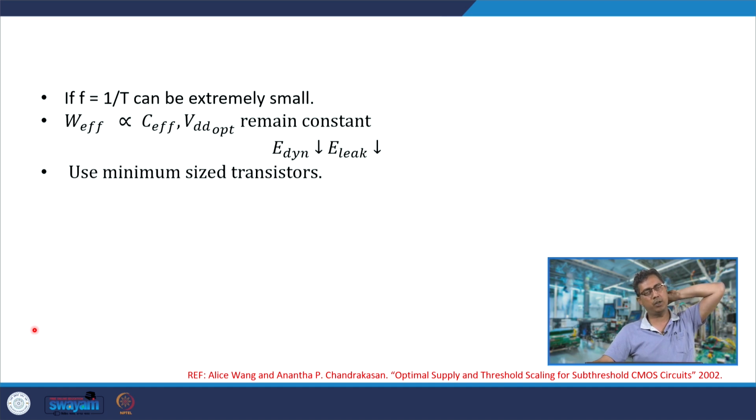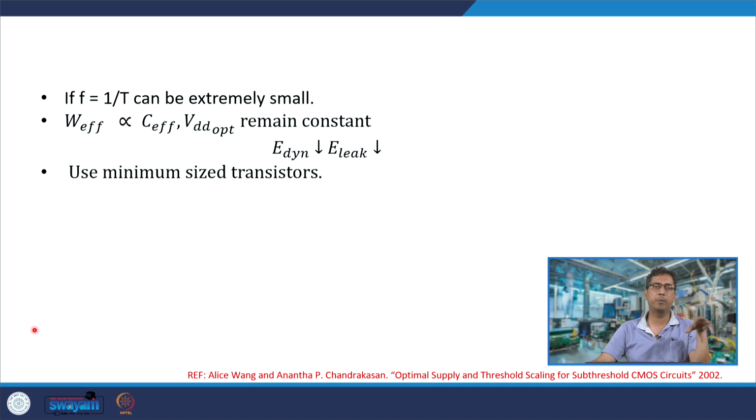You are reducing dynamic power in proportion to C effective. You are keeping minimum size transistors, that is the smallest possible C effective, so you have the smallest possible dynamic power. And because you have reduced the size, W effective is also reduced, so leakage power is also reduced. Both are at their smallest possible value.